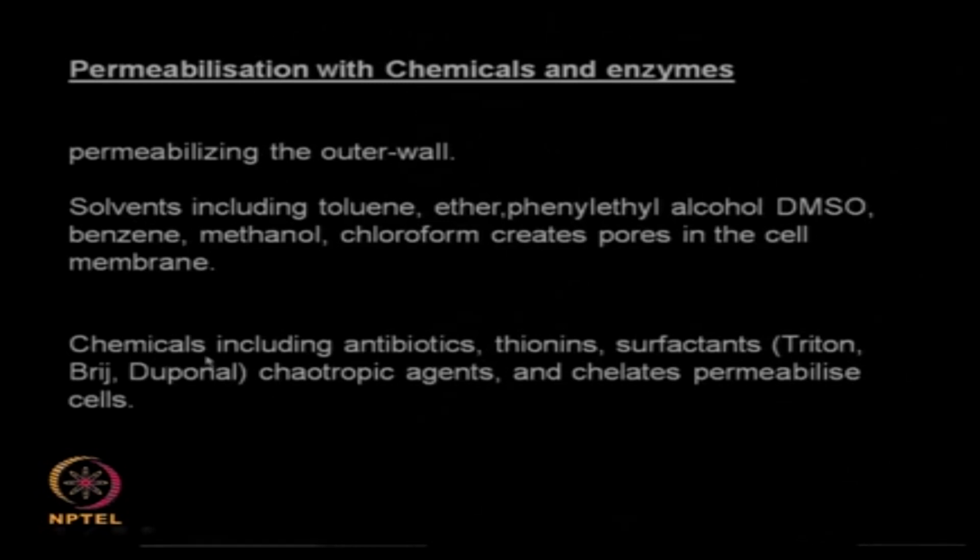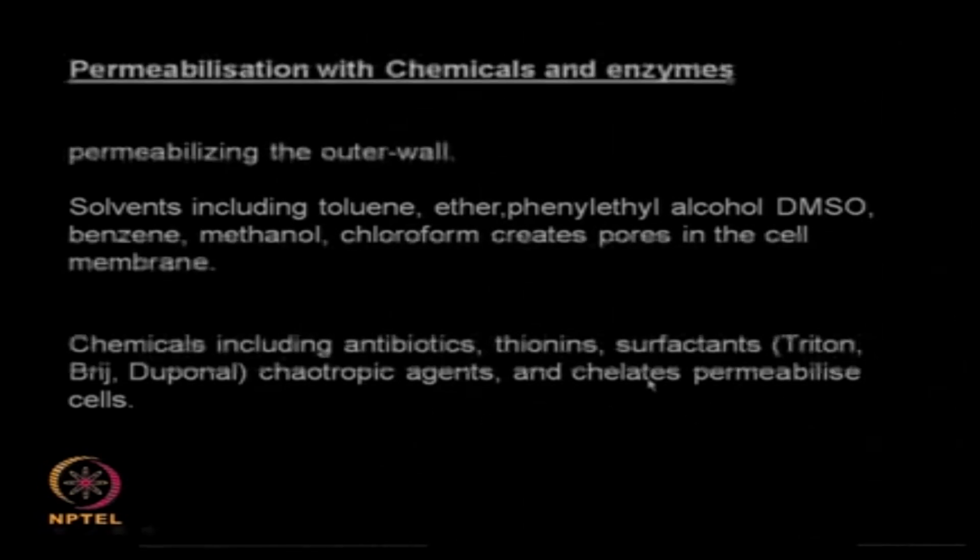Just like solvents, we can also use chemicals to permeabilize the cell walls. We can use antibiotics, thionins, some sulfur based compounds, and surfactants. Anionic surfactants and cationic surfactants can be used, and these surfactants can bind to the charged groups available on the cell wall and disturb the cell wall integrity, thereby breaking it and allowing the intracellular material to come out.